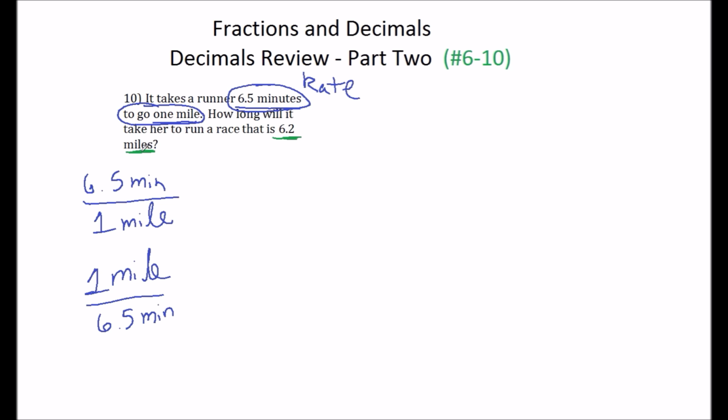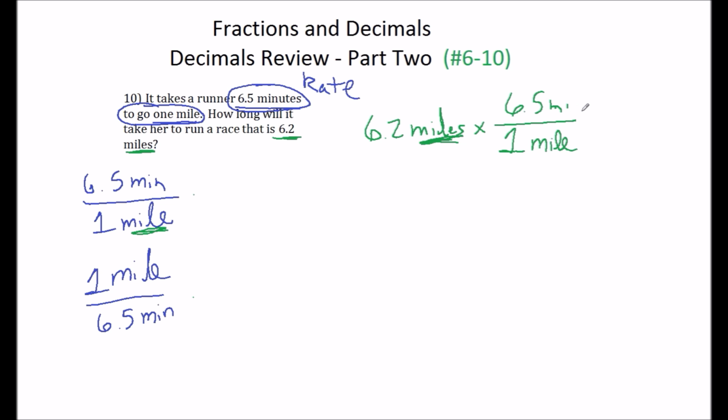So if I start with that, 6.2 miles, that'll help me with which of these two fractions I want to use. Miles here means I want miles or 1 mile on the bottom. And then that means that the 6.5 minutes has to go on the top.